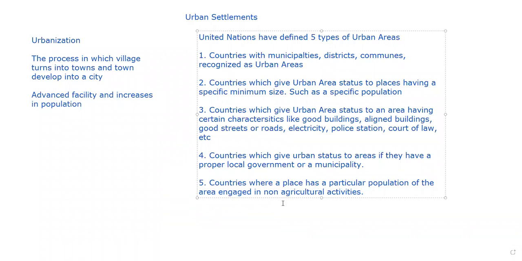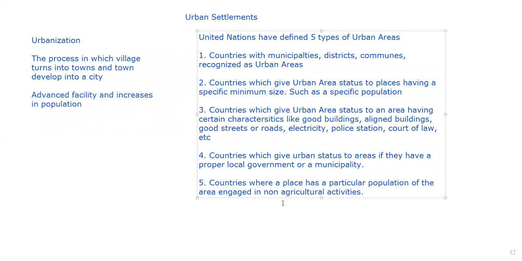5 stages of population concentration during the course of urbanization. Now, if we see these 5 categories, which you can see on the screen, these are in different areas of the world, like developed countries and developing countries.